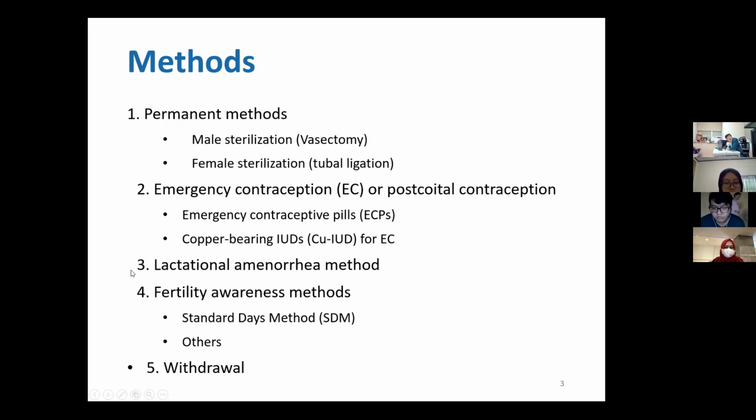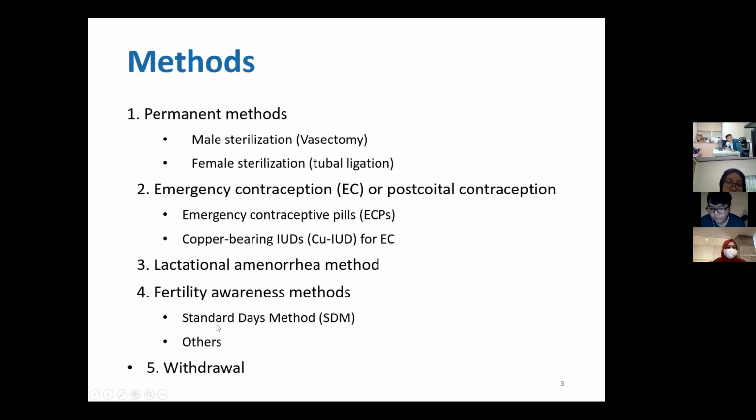There's a traditional one, the LAM, lactational amenorrhea method. Once you are breastfeeding your baby, it's not easy to get pregnant, because you keep the amenorrhea status. The other one is the fertility awareness method.